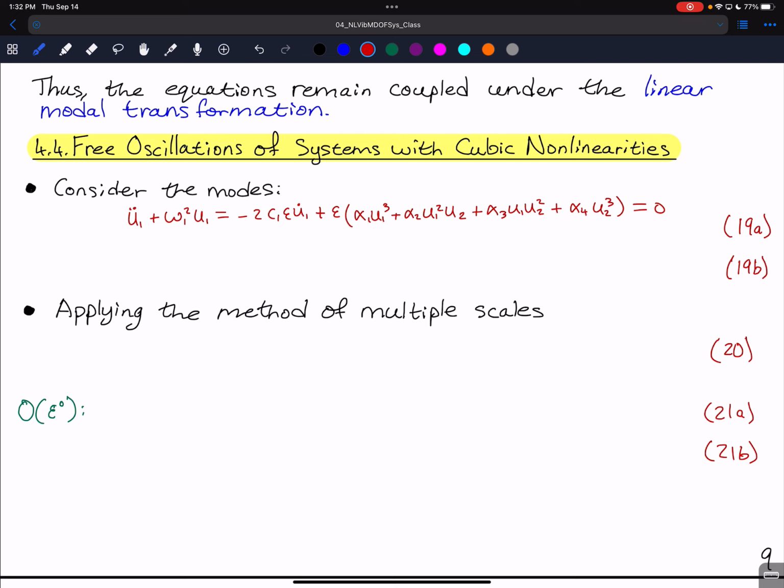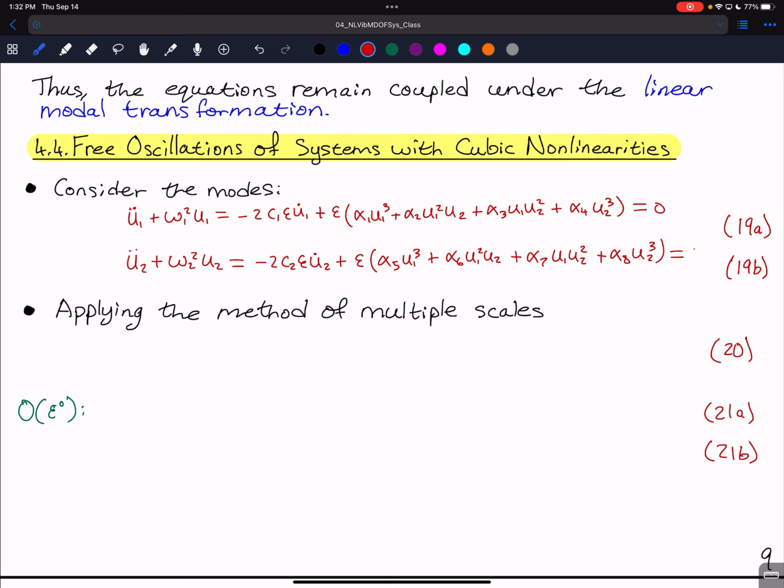All right, for our second equation, we're going to have u2 double dot plus omega 2 squared u2 is equal to minus 2 times c2 epsilon u2 dot plus epsilon times alpha 5 u1 cubed plus alpha 6 u1 squared u2 plus alpha 7 times u1 u2 squared plus alpha 8 times u2 cubed.